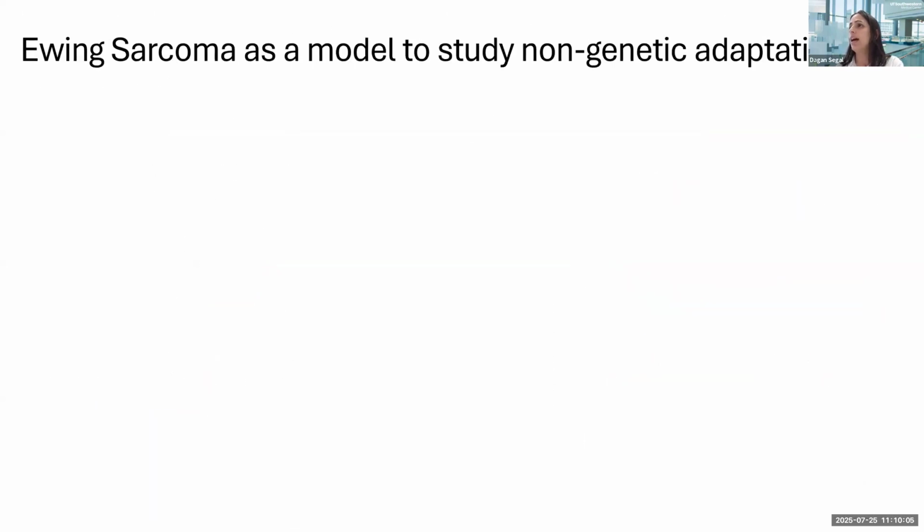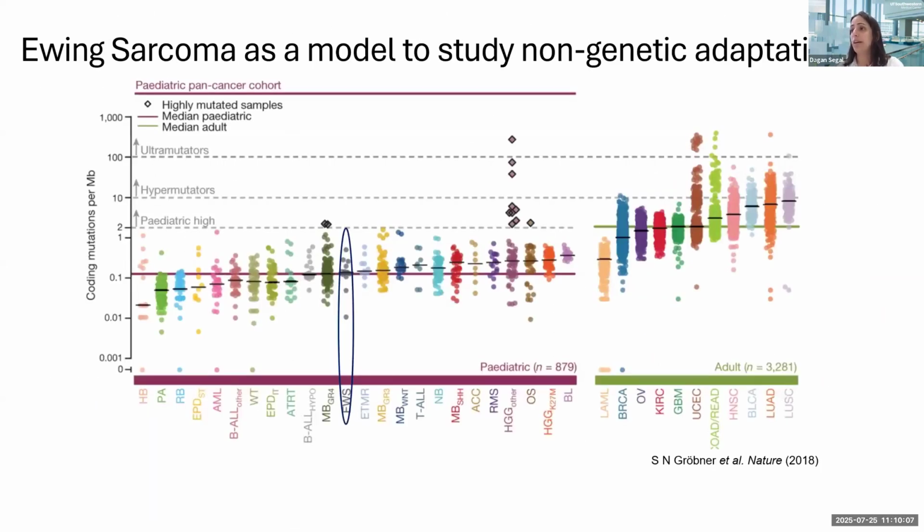So something that's characteristic of Ewing sarcoma and actually many pediatric cancers is a very, very low mutational burden, especially when you compare that to many adult cancers.